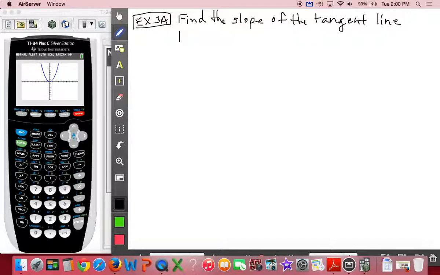To the graph f of x is equal to 2x minus x squared at x equals 2. So we've gotten away from velocity.